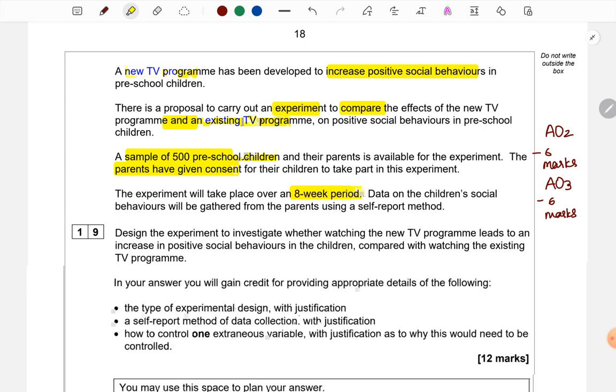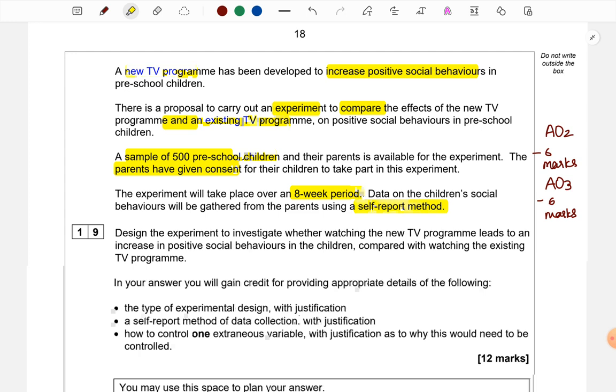Data on the children's social behaviors will be gathered from the parents using a self report method. Design the experiment to investigate whether watching the new TV program leads to an increase in positive social behaviors in the children compared with watching the existing TV program.